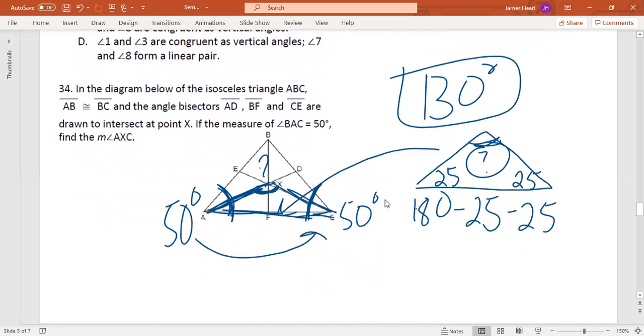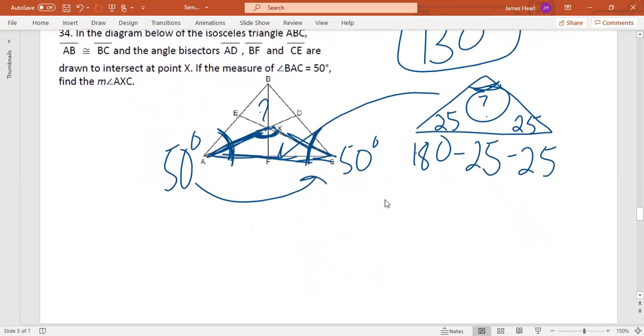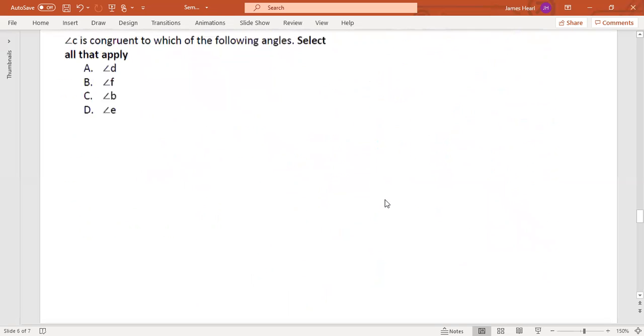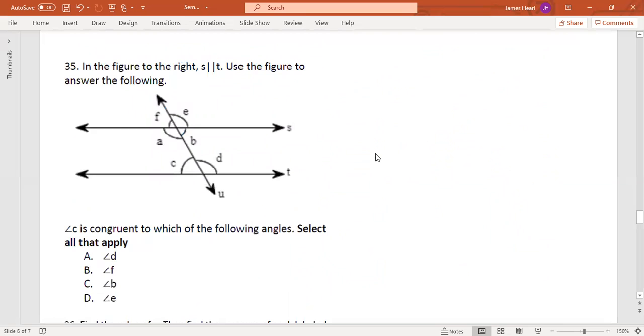Let's see, for 35, we are given this picture, a pair of parallel lines, S is parallel to T, and you're asked to answer the following. C is congruent to which angles? And it does say select all that apply. So let's do this the easy way. Angle C is right here in the picture.